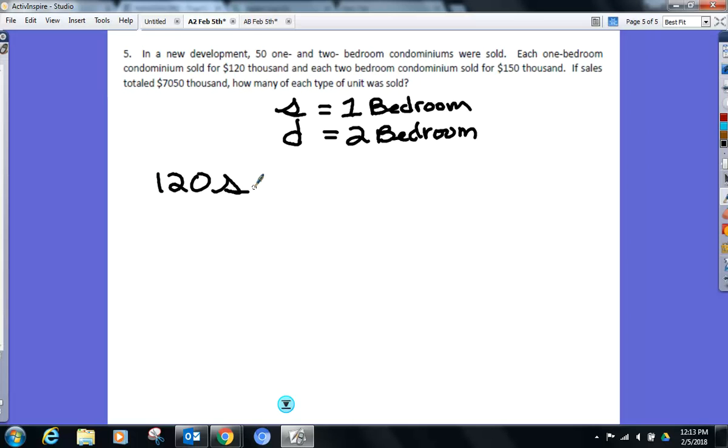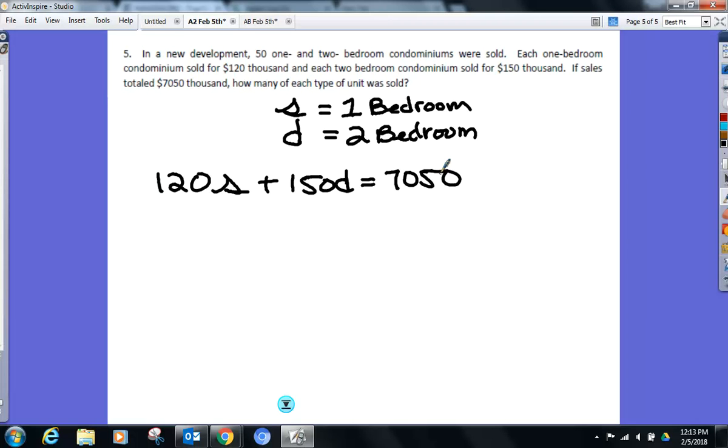That's why we put the 1,000 with the 7,050 here, so you don't have to write all the zeros. Plus, go ahead, Annika. Sorry to cut you off. Yep, 150D equals, yes. If you want to add in the extra 3 zeros, go right ahead, but I had somebody third period add them here, but they didn't add them here, and you got the wrong answer. Shocker. Okay, if you're going to add them to everything.